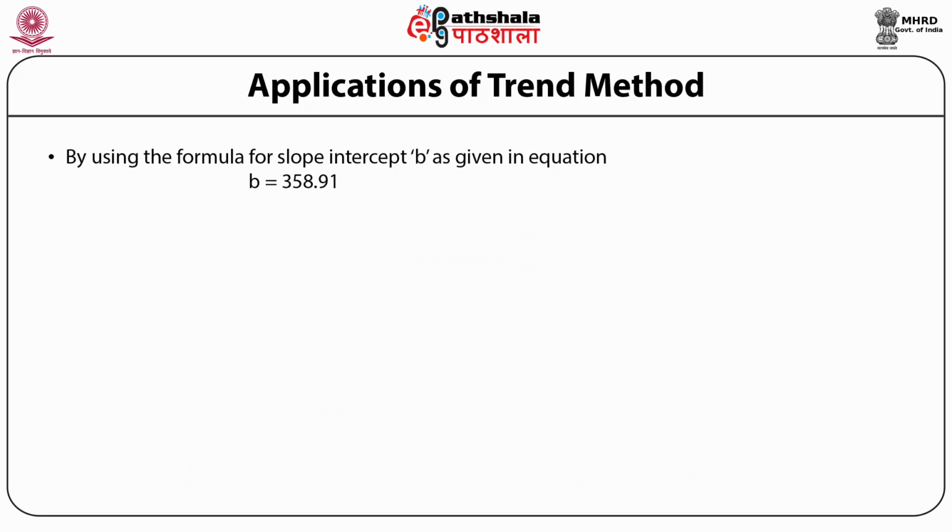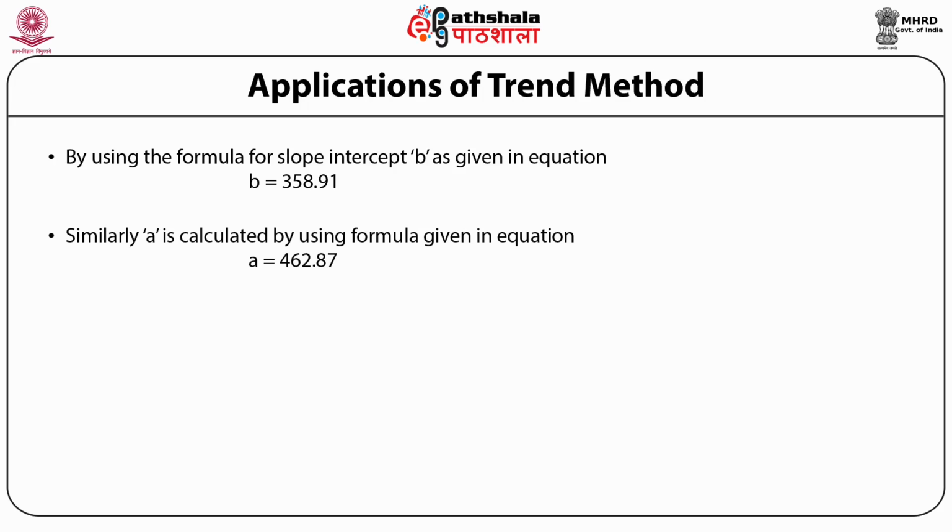By using the formula for slope b as given in the equation discussed above, it was estimated that b would be 358.91. Similarly, a is calculated by using the formula given in the equation, and a is equal to 462.87.